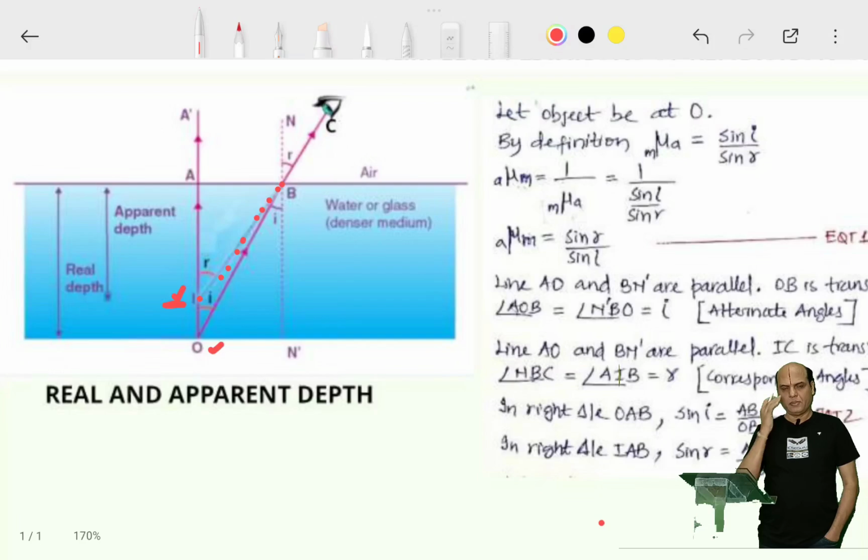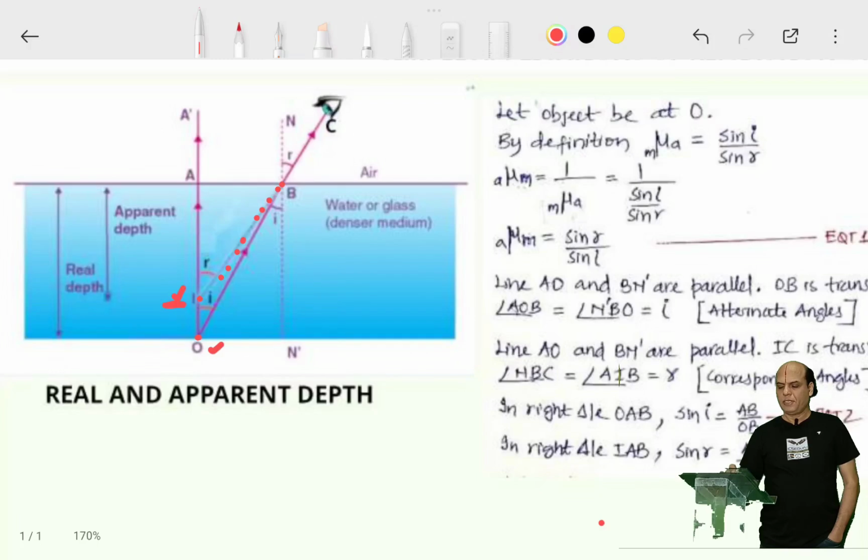Clear? So actually the object is lying at point O, but for an observer who is looking at the object from the medium air into water, due to refraction of light, the incident ray OB refracts along BC.